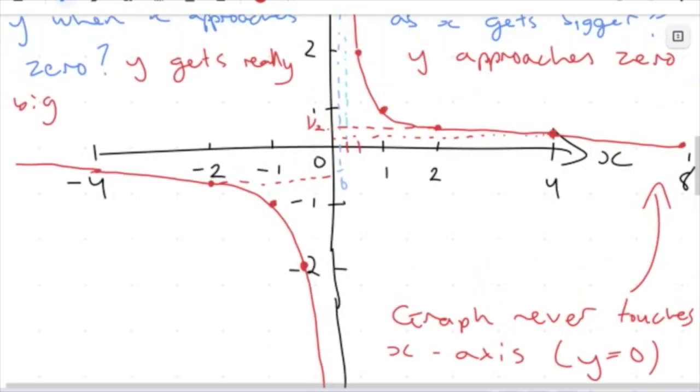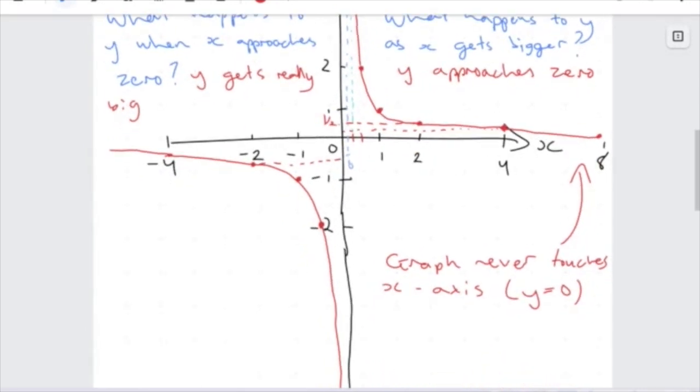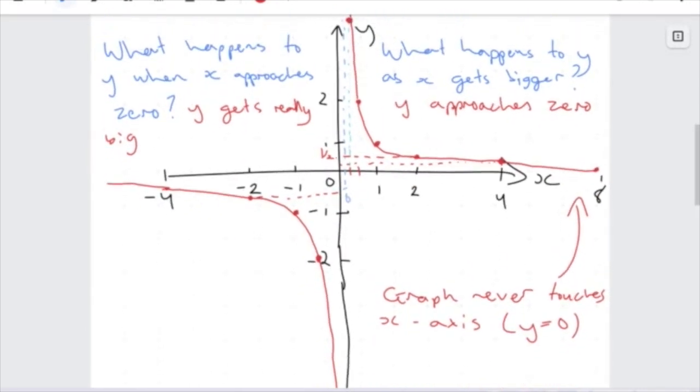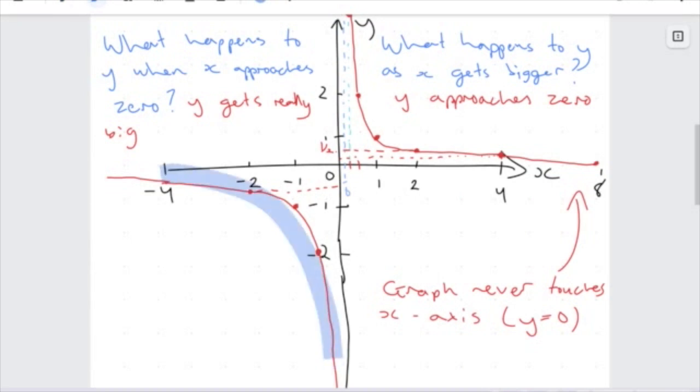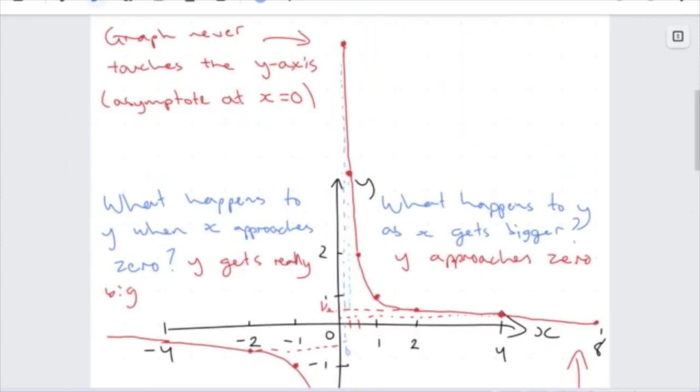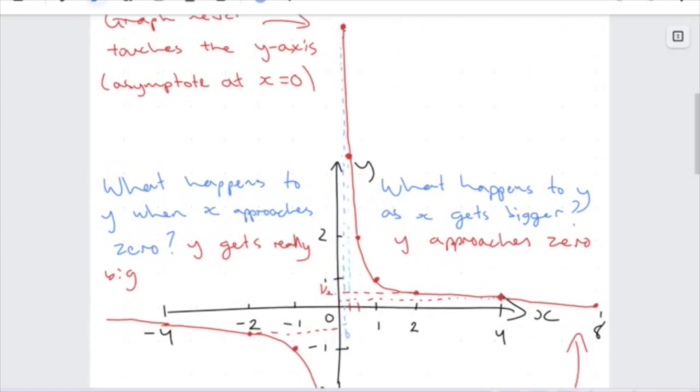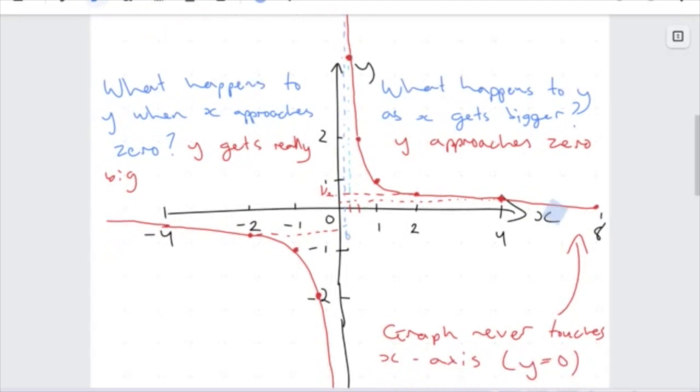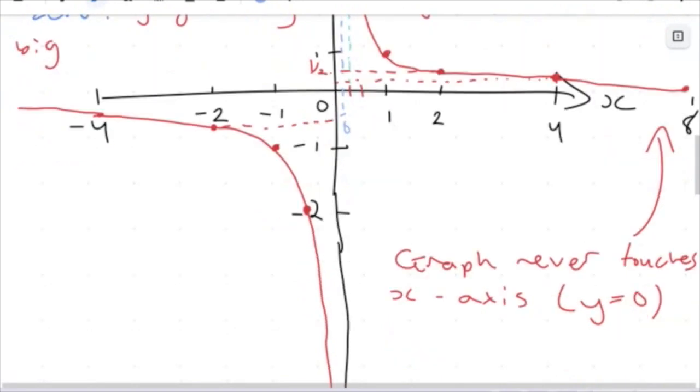If I zoom out, it looks kind of like this. It has these two curvy bits, and it has two asymptotes. One is an asymptote at x equals 0, this vertical line or the y-axis, and it also has an asymptote on the horizontal x-axis, or the line y equals 0. This is the basic shape for how our most easy standard hyperbola looks.